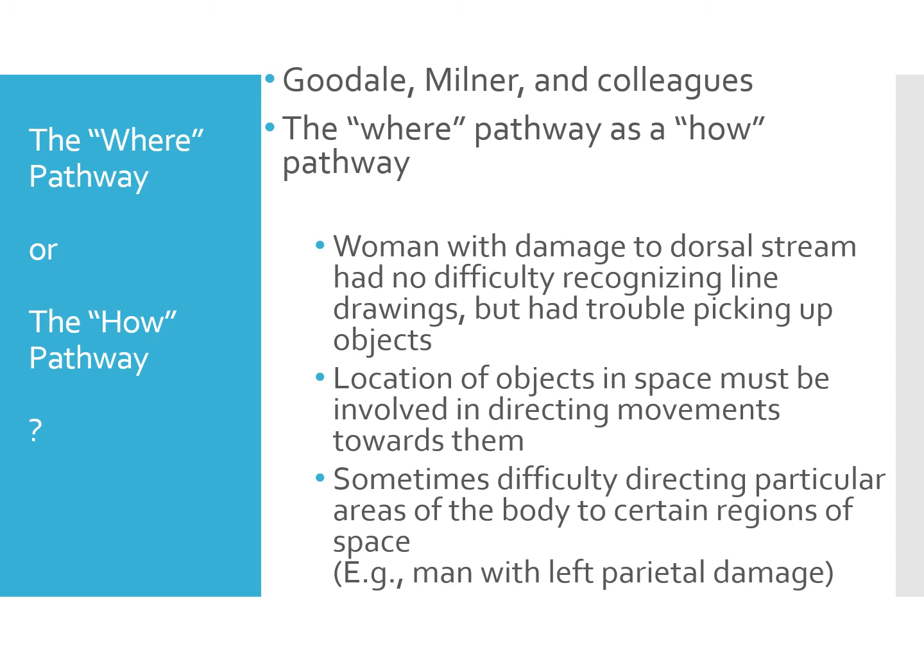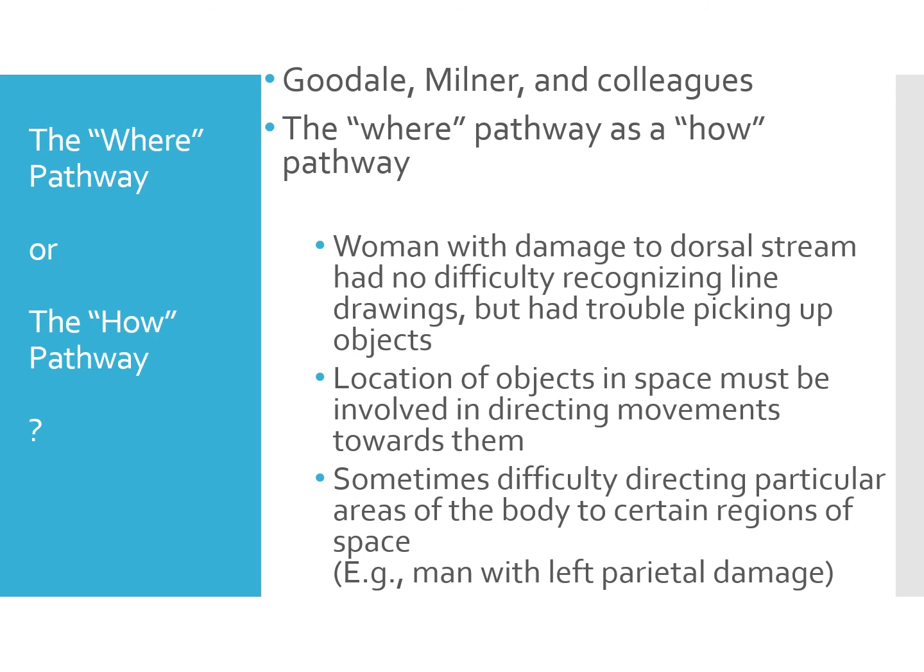I have a few examples from different classes and different textbooks of DF. So this woman with damage to her dorsal stream has no difficulty recognizing line drawings. So her what pathway is intact and is not at all impaired, but she has trouble picking up objects. And so working with this person, they could see that it appeared to be more about how to interact with those objects in space.